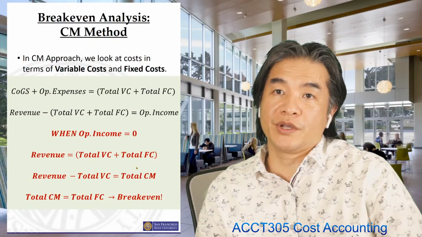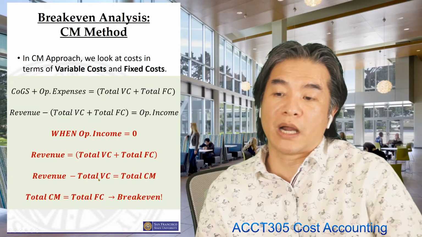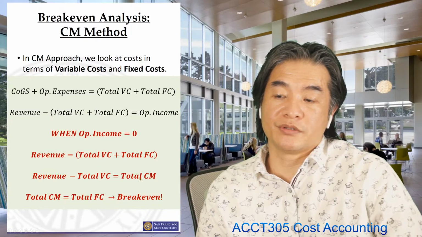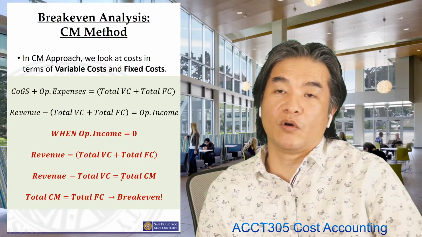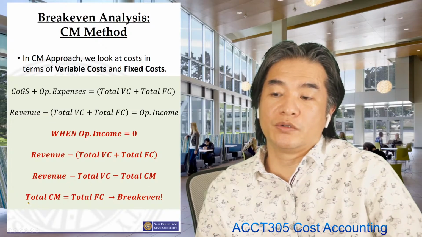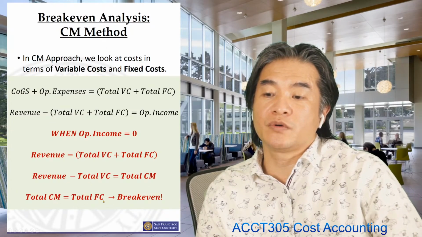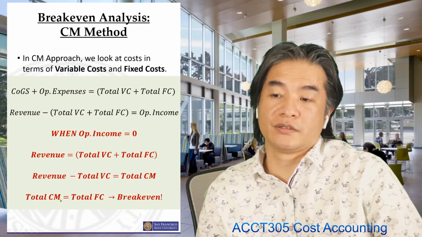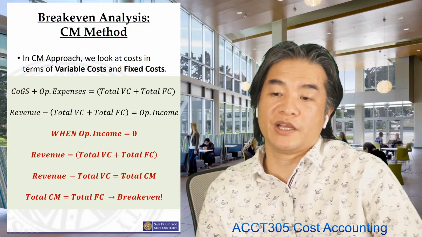And earlier we have already learned revenue minus total VC is what? Total contribution margin. We learned this formula earlier. That's the one formula that I want you to remember. So we know when the total contribution margin equals total fixed cost, we have break even. You see that? Over here, you just rearrange things.